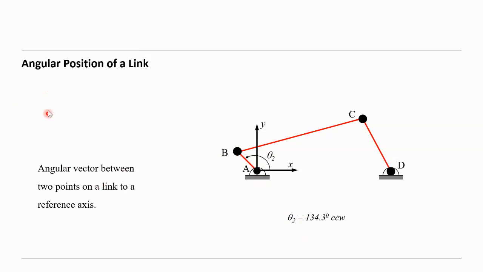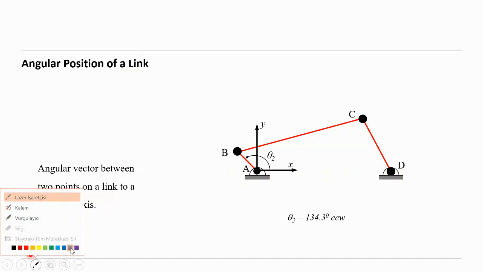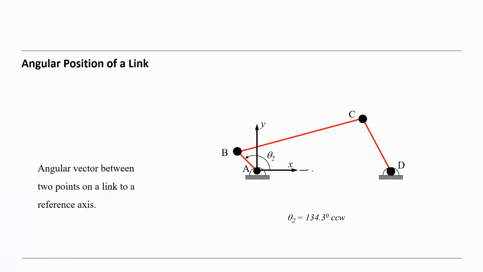So then we call angular vector between 2 points on a link to a reference axis. So this is the reference axis here. Let's indicate that our reference axis is in horizontal direction, and in vertical direction we have the reference line Y.